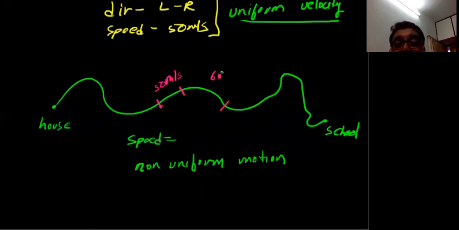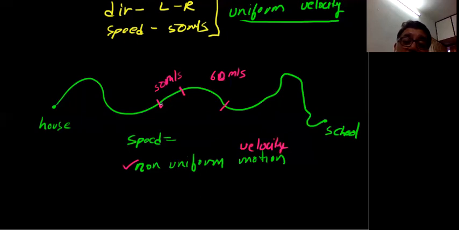Now, if you consider the whole motion over here, the speed changes. So we say it is traveling with a non-uniform velocity. That is fine.